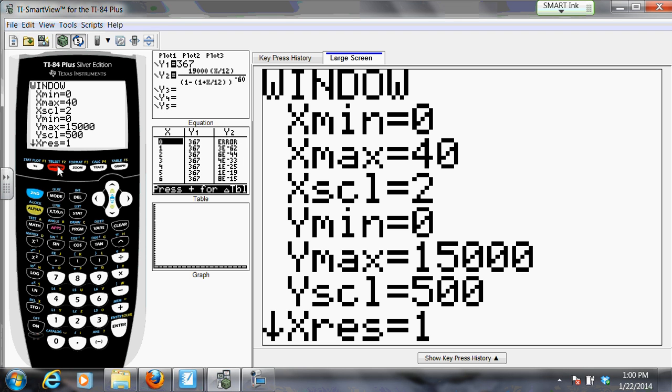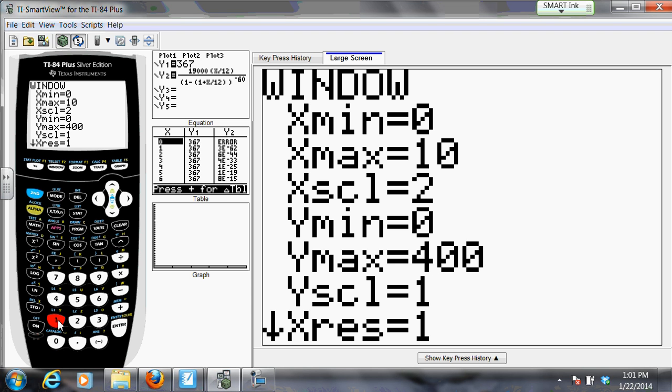Okay, window. It is an interest rate, so it's got to be small. I'll do 10. Oh, no, I want 0 to 10. We have to see 367, so I don't know, we'll do 400 here. I have no idea what this is going to look like. Y scales by ones.